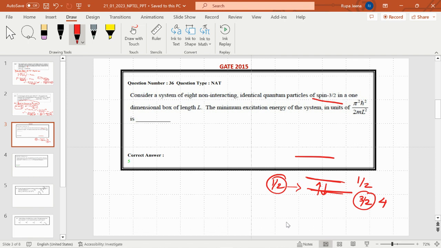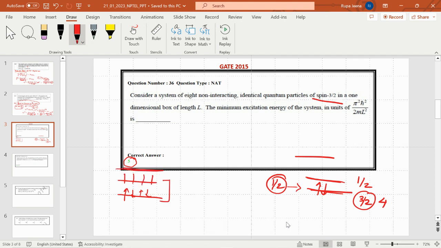Minimum excitation energy or what? No, the answer is 5. Because see, you will put four particles here, like I'm putting it like that, and four particles will be here, right?